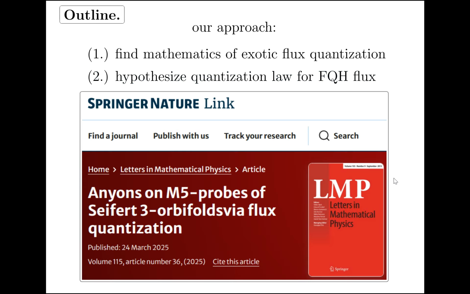The flux quantization law we're going to use is the one we kind of derive from some brane physics in this article here. Many of the things that I'm going to say here, all of them actually, we originally arrived at from geometric engineering of quantum field theories on M5 branes after flux quantizing these branes.